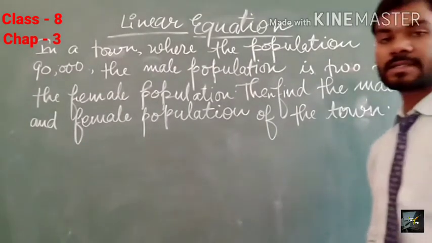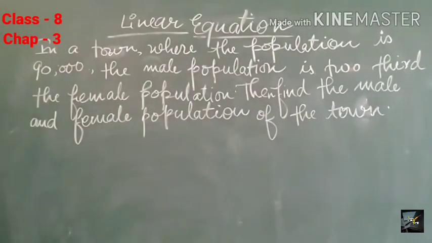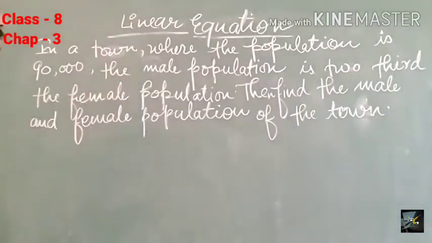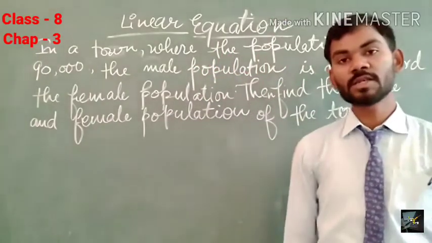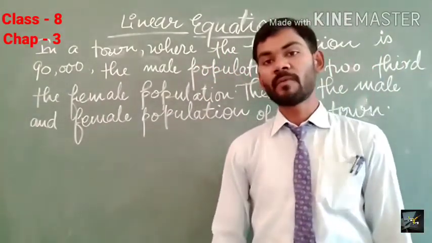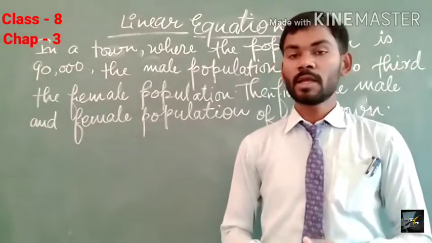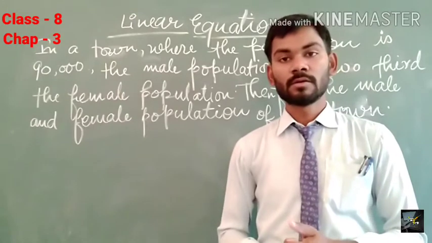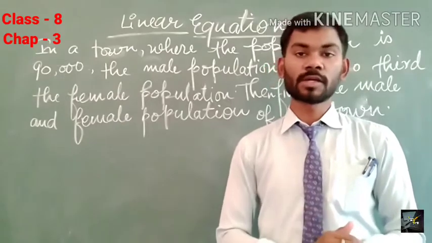So student, let's see the question and understand what condition is given in it. The question says that in a town where the population is 90,000, since we know that the population of a particular place is defined by the total number of male, female and children. The total number of these three together makes the population of a particular town.